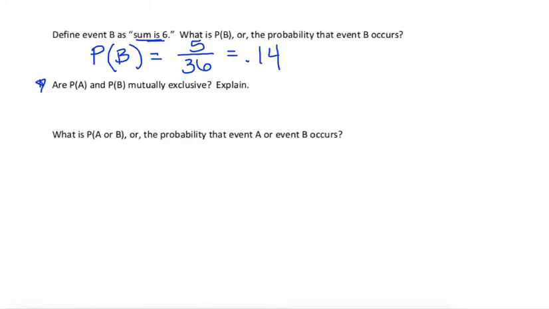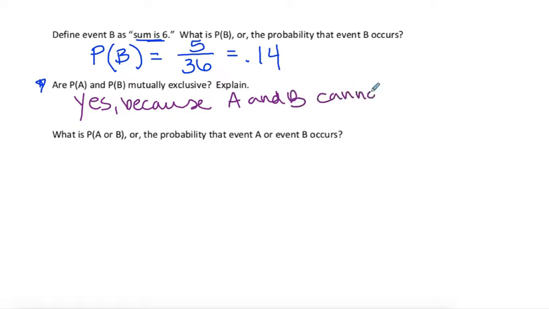They never occur together. So we would say yes, because A and B, those 2 events cannot occur at the same time. If we think about it, we can't roll 2 dice and have them sum up to 6 and sum up to 5 at the same time.